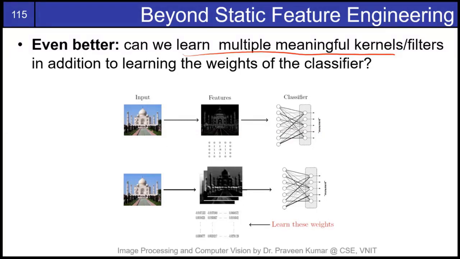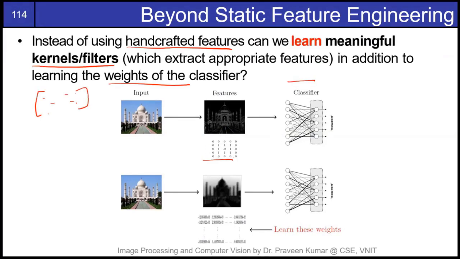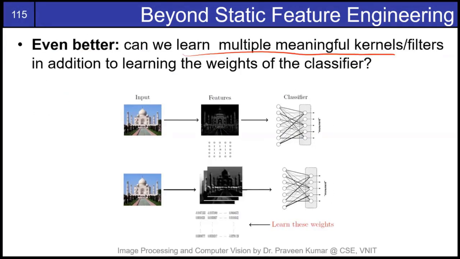Given an input image, can we learn multiple kernels or filters, as we call them? These are the terms now being used, but this is nothing but a 2D set of weights. When they are convolved with the input, they will extract certain features, just like a Sobel filter extracts edges, and so on.